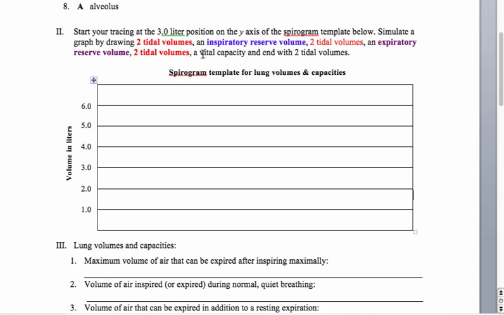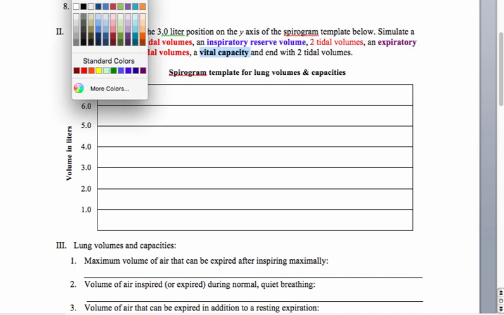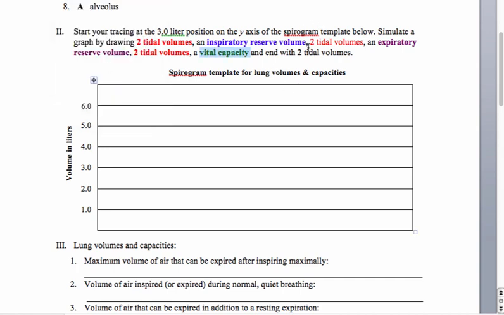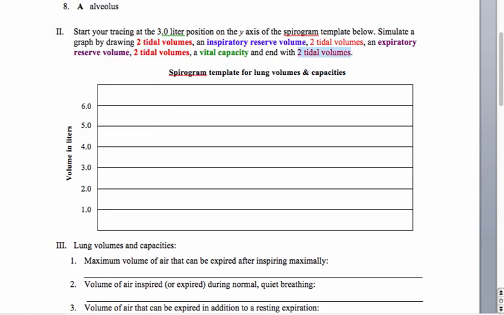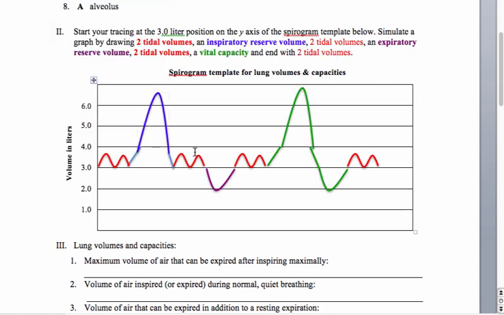So the vital capacity is going to be another one of your parts on the graph here. And then you'll end with 2 tidal volumes. So if I lay all that out, we have our 2 tidal volumes, remember that are about 500 milliliters for a normal value.